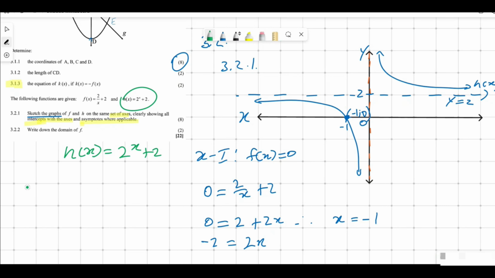Remember, the equation of the exponential is y equals a multiplied by b exponent x plus q. So a is the number that is next to the number that is raised to exponent x. What we see in h of x is that b equals 2 and q equals 2. Are you with me? Then what is the value of a?